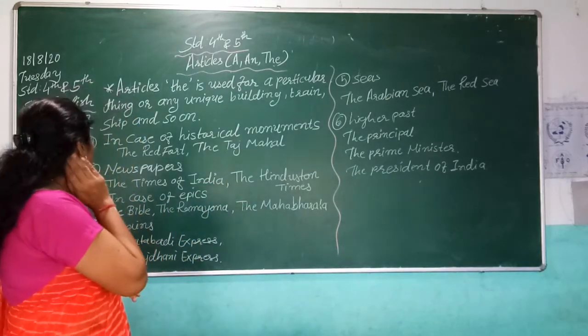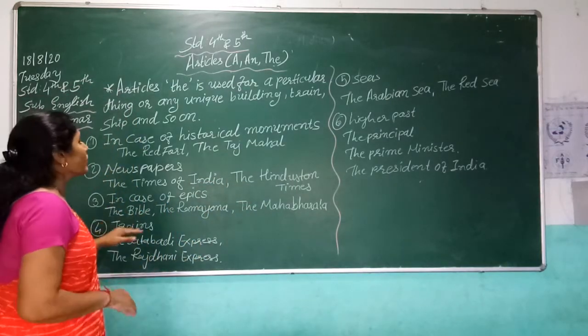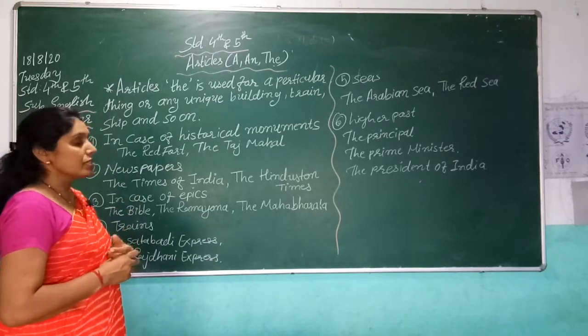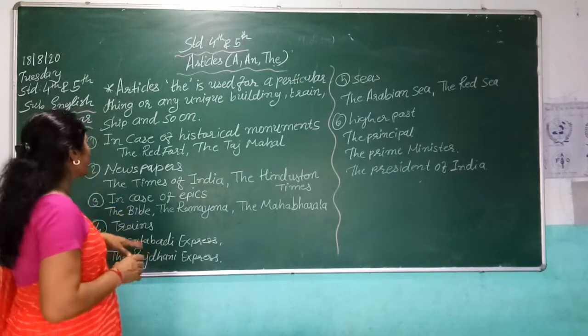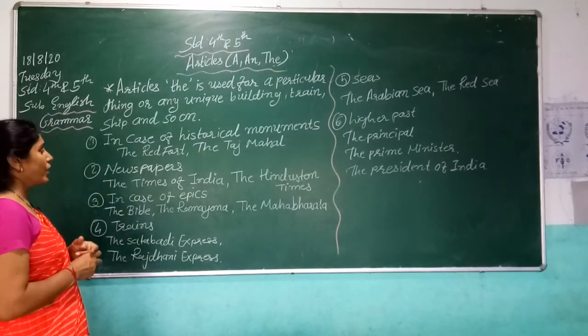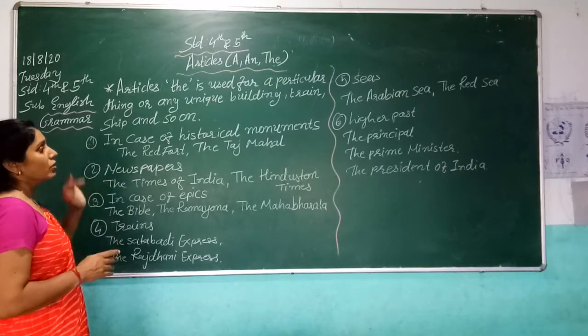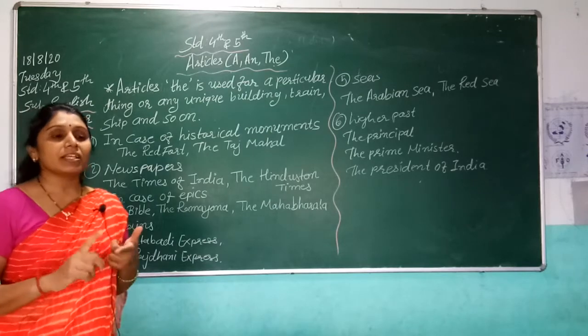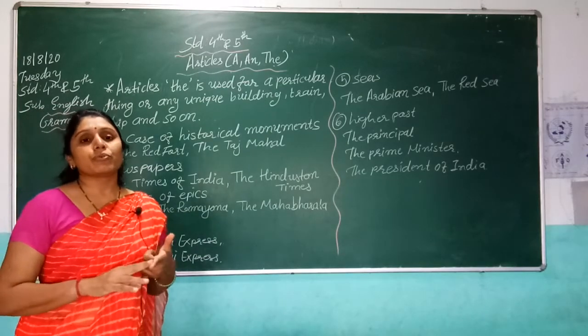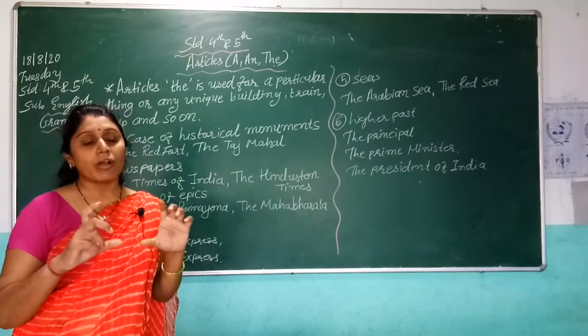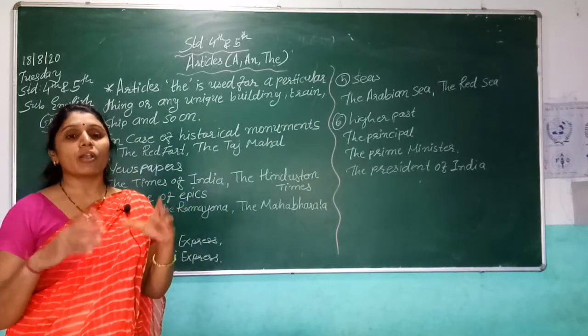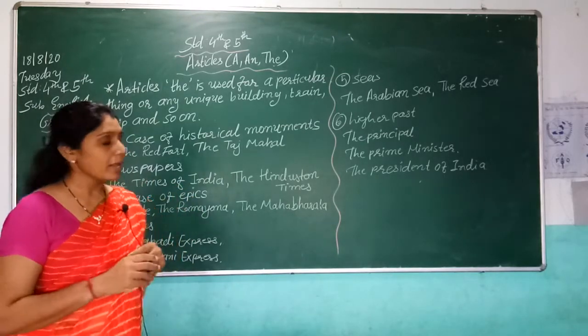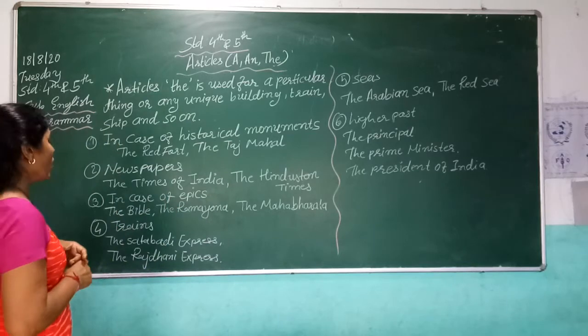Then in the case of some historical monuments, just like the Red Fort, the Taj Mahal. It is a historical monument. It means the article is mostly used for one of the only things, one of the only persons.